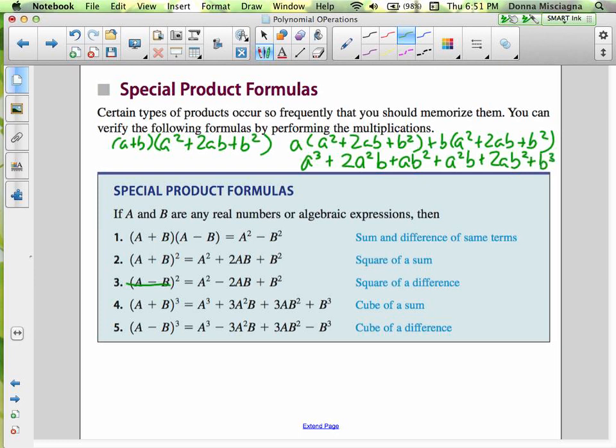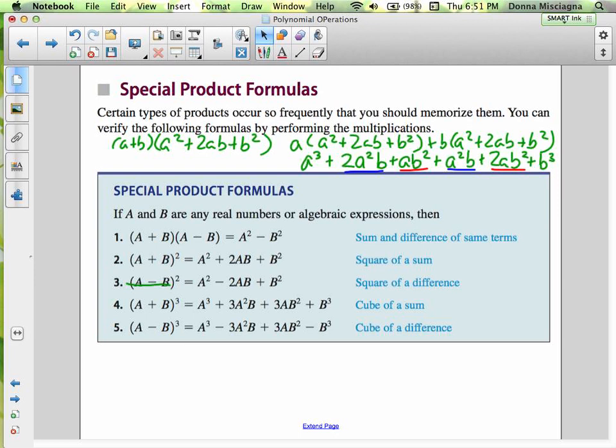And notice we have some like terms. We have a squared b and another a squared b. We also have ab squared and another ab squared.